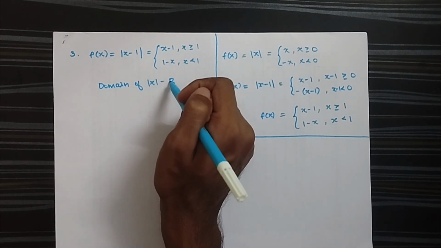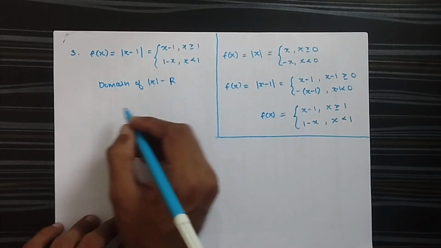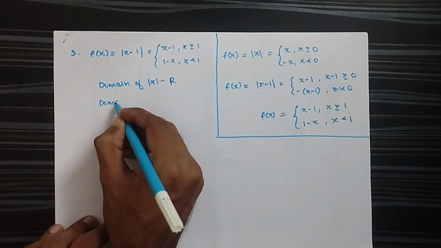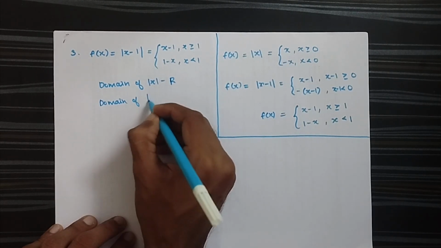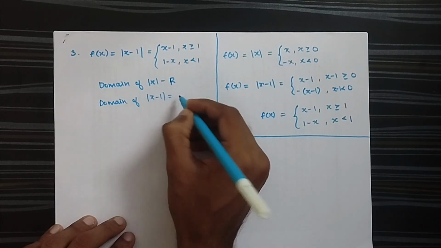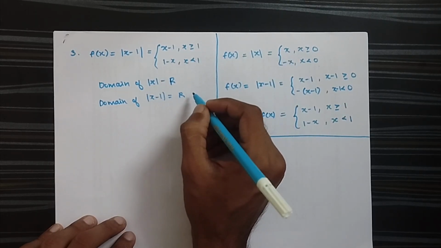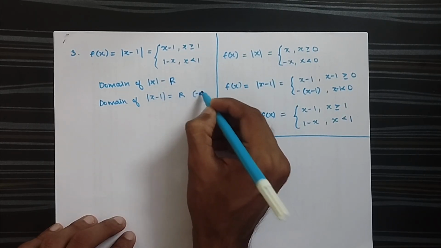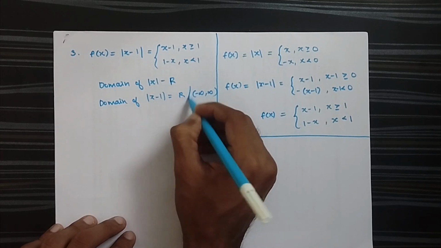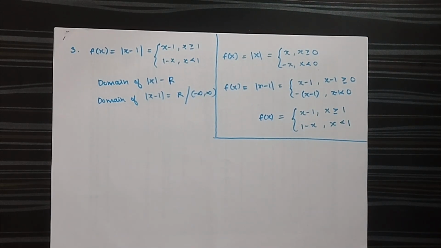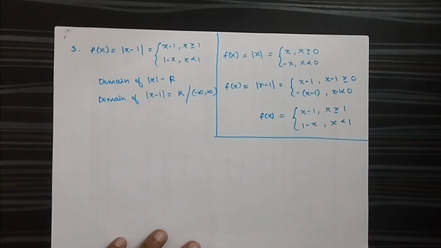So it is valid for any real number. Hence the domain of our question, mod x minus 1, is also R, or negative infinity to infinity. We can represent it both ways. So domain is done.